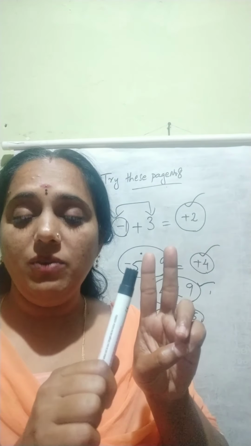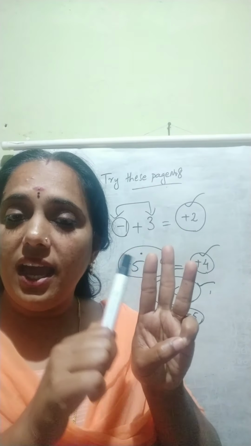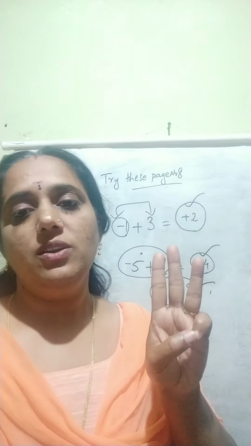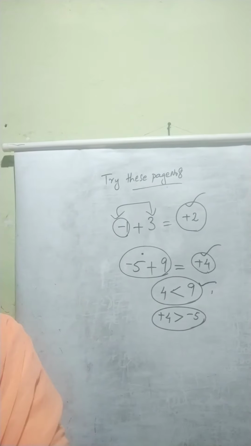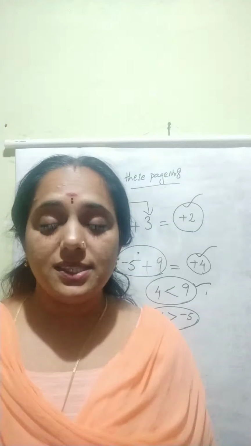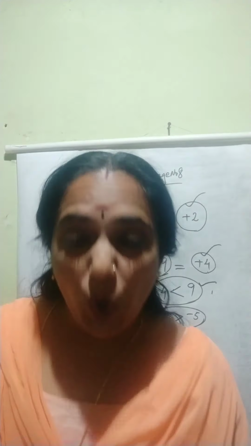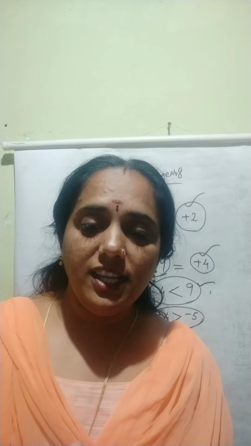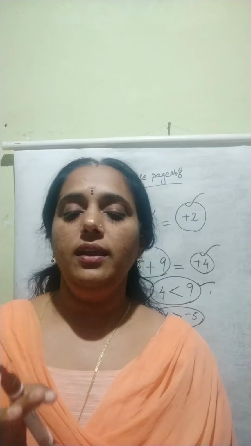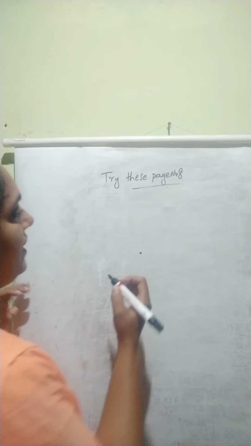So at the time, what is happening? This answer should be greater than one of these and smaller than one of these. But the question asked only the smaller than. But we have to think that if one is smaller, another will be greater. Again, maybe you will get confusion.